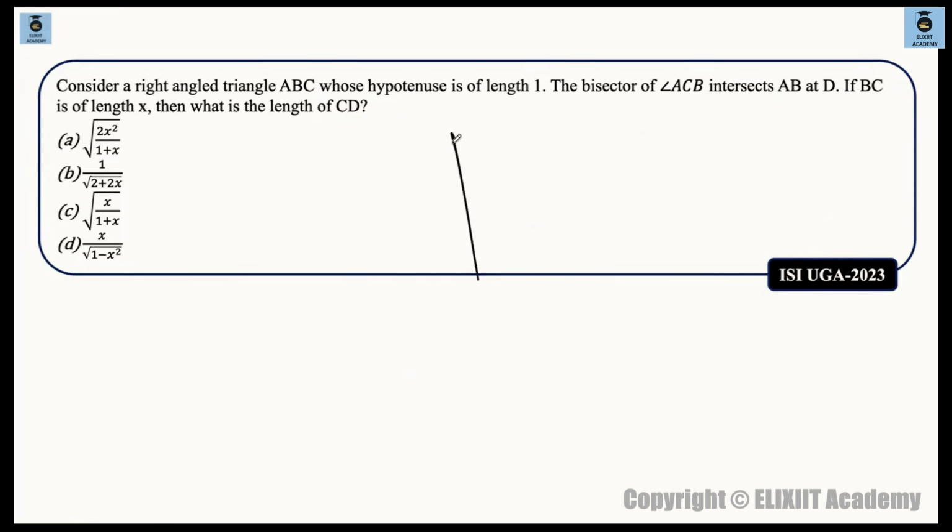Okay, so we have a right angle triangle whose hypotenuse is of length 1. So this is length 1, okay. Give some names. ABC is the triangle, hypotenuse we have taken as length 1.